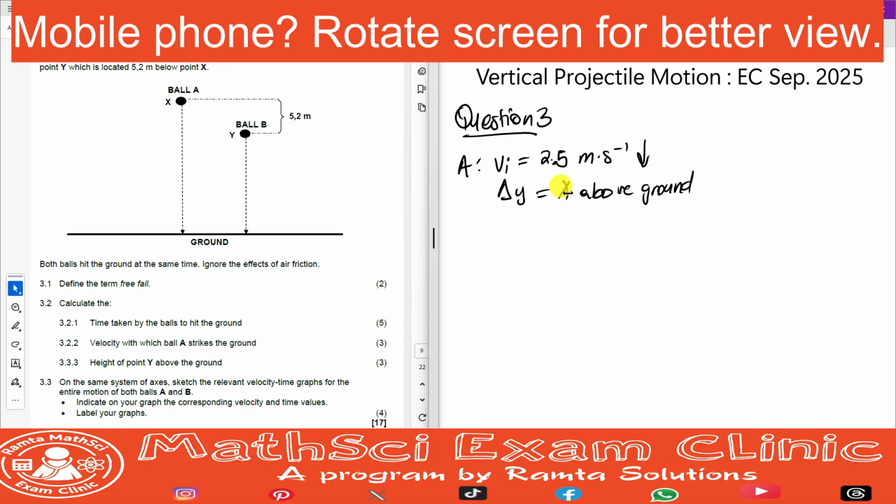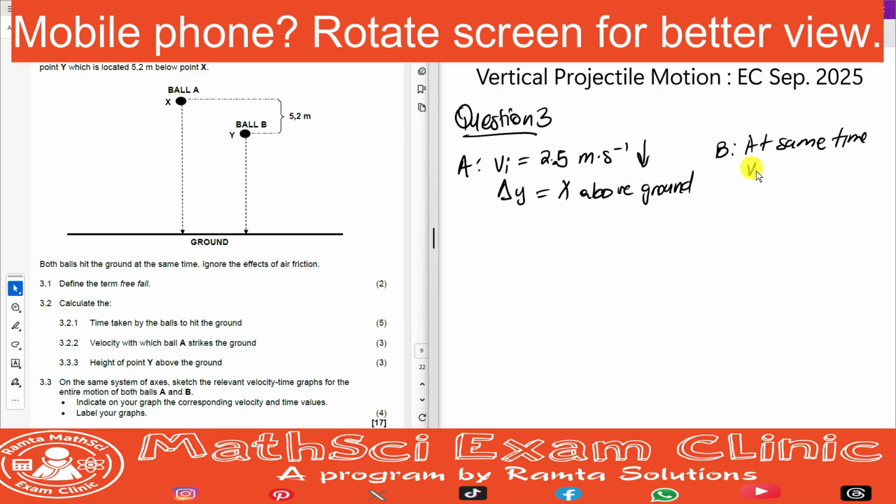Then at the same instant, let's talk about this ball here. At the same time, a second identical ball is dropped.